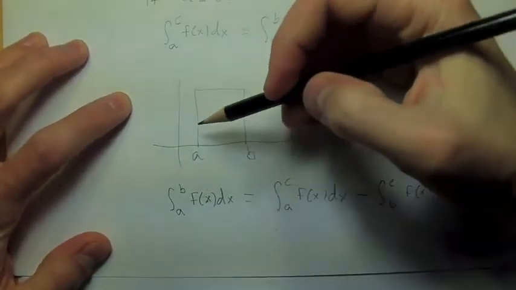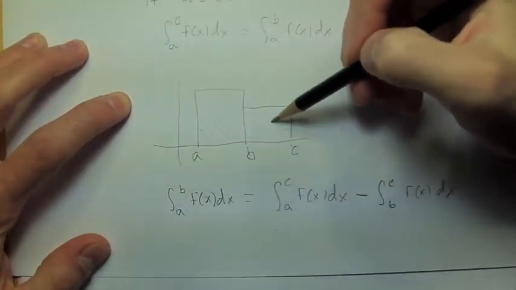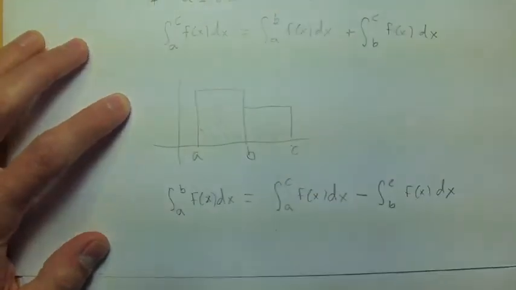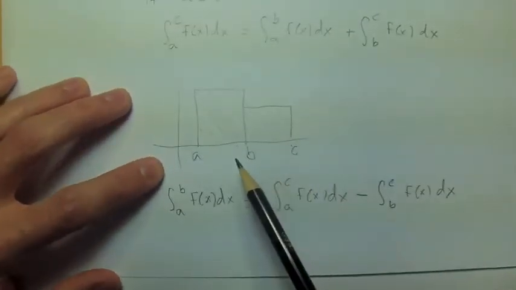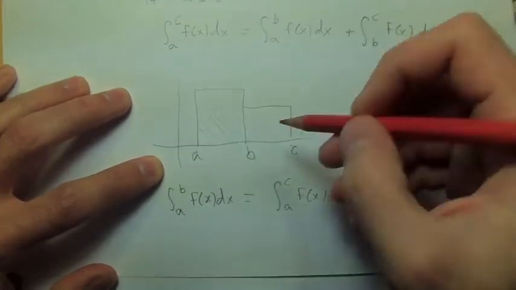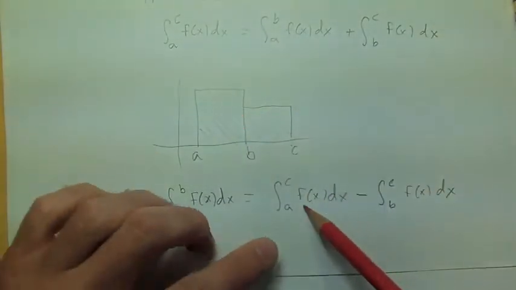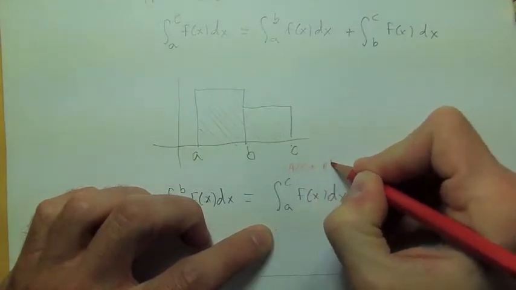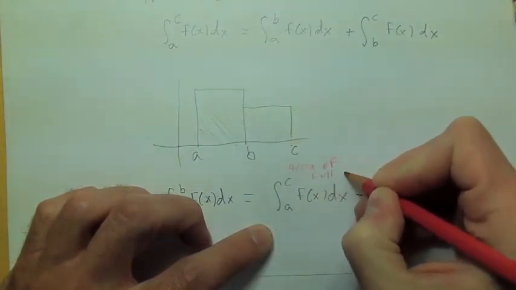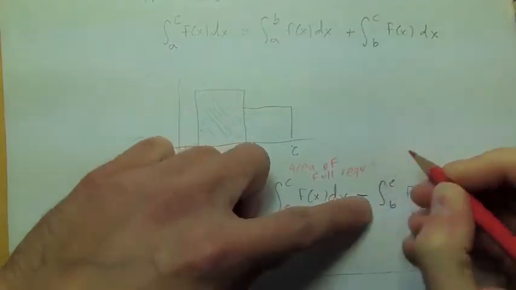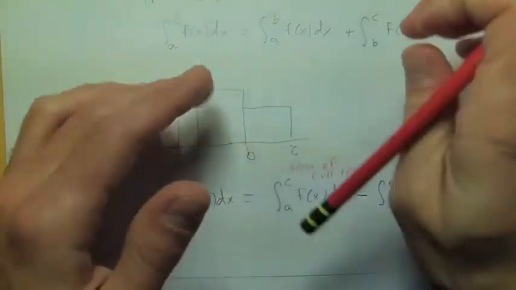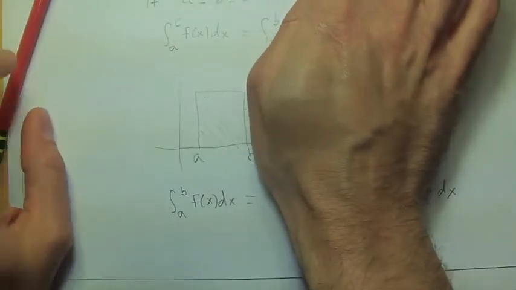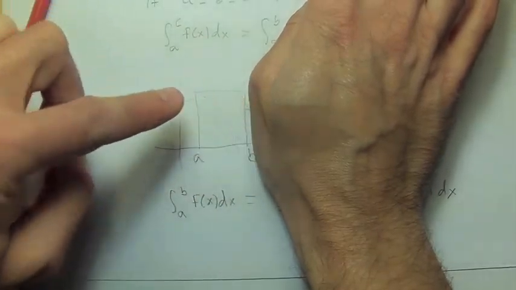Well, let's say we knew what the area of this entire region was, but I want to know specifically what this area is. So I take the area of the full region, and then subtract the area from B to C. I just take that out, and that gives me the area from A to B.